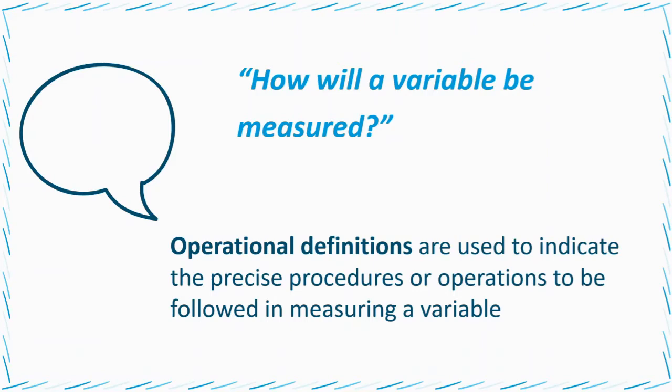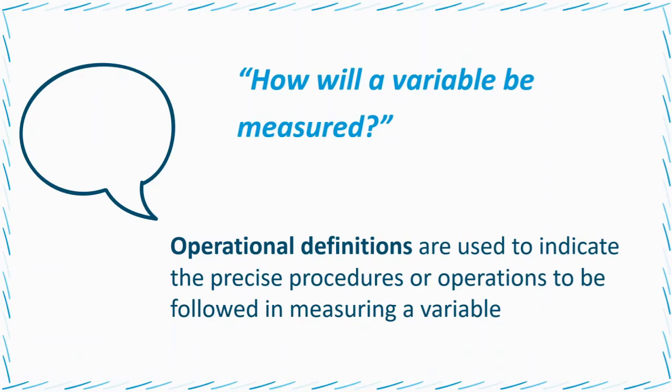Anyway, how are the variables measured? Well, we're going to give them operational definitions. We're going to use these to determine the precise procedures and operations followed in measuring a variable. So if I wanted to measure something about someone's eating, I would have to define what I meant.